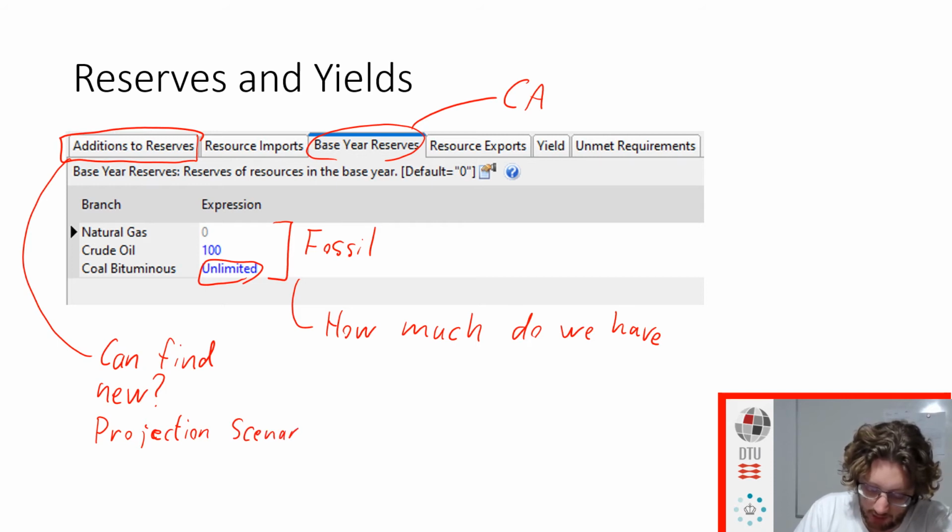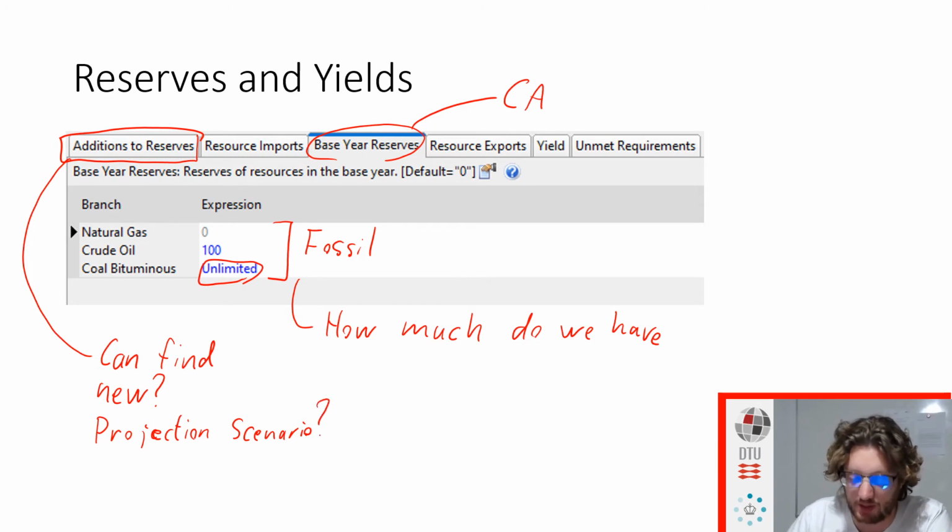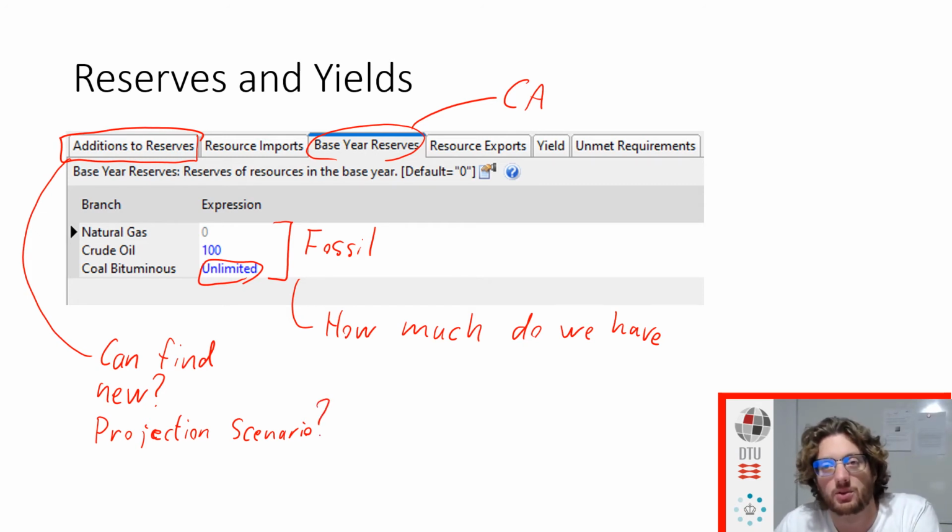So that also can count if it makes sense to drill for new oil, for instance, because if you have a green scenario, that might not be the preferred option, but you can do that maybe in a black scenario. So that's a method to do that.